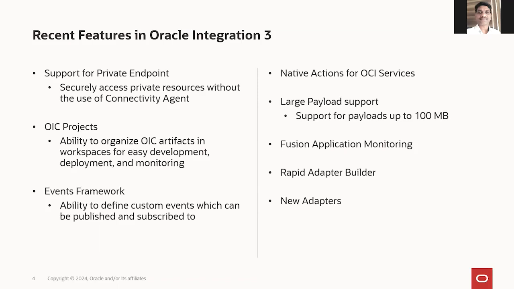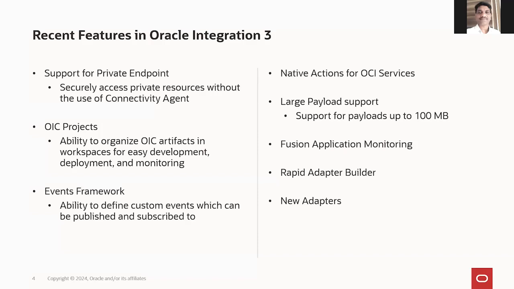And we also have native actions for OCI services like OCI Object Storage and OCI Functions. Earlier we used the REST adapter, created a REST connection, and then using that REST connection we connected to the OCI services. But now with these native actions, we do not need to create a REST connection.